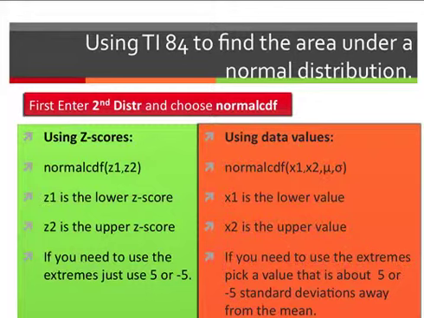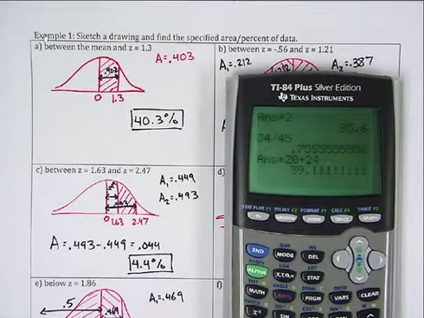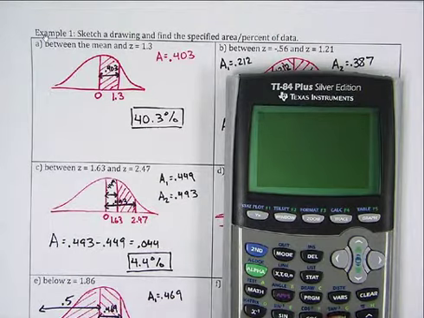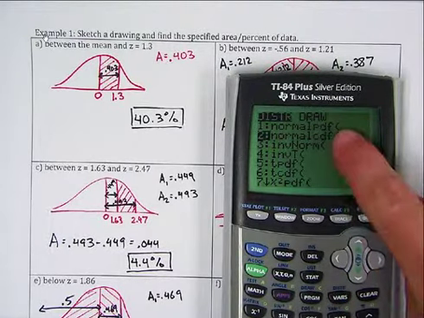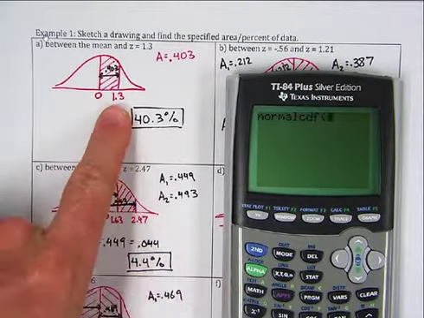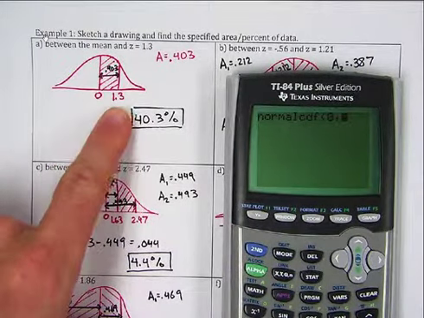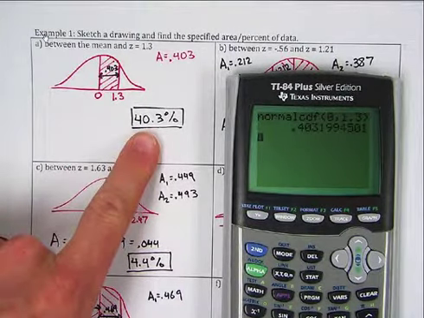So let me show you how some of these work. Okay, so you're going to hit second DISTR, and we want to choose normal CDF, so it's the second one here. Now, for example A, our two z-scores are 0 and 1.3. So we enter the smaller one first, and then the larger one second. We hit enter, and notice it verifies our answer.